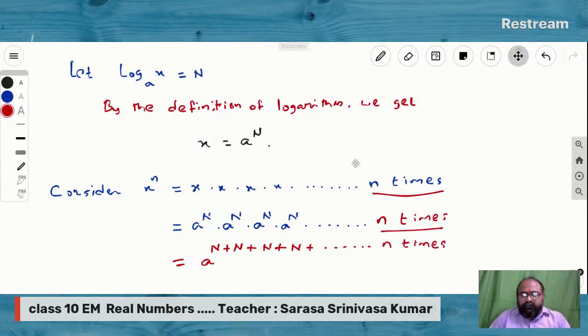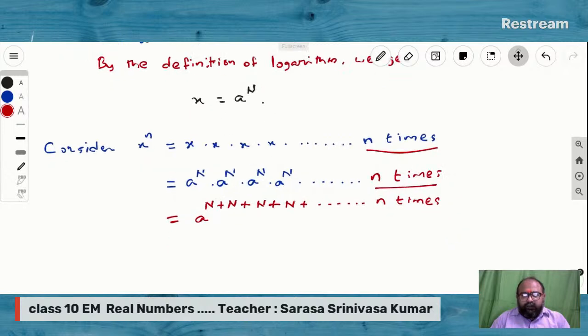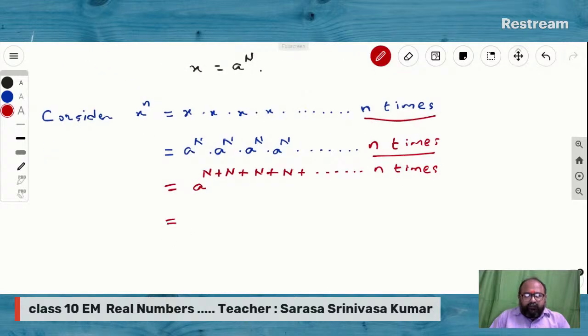If capital N is added for n times, we can write this as a power n capital N.